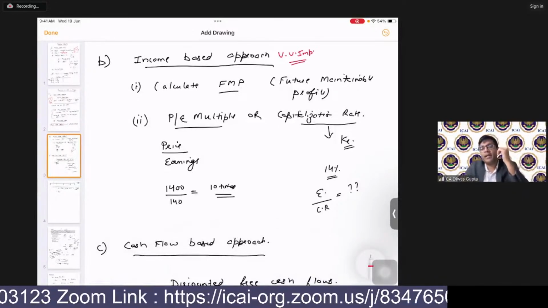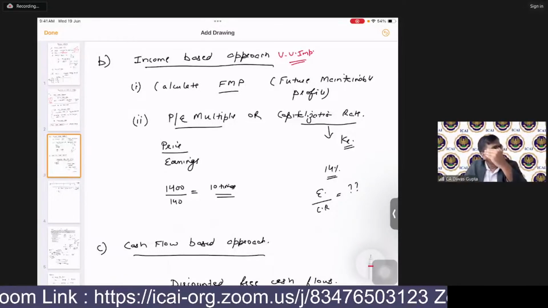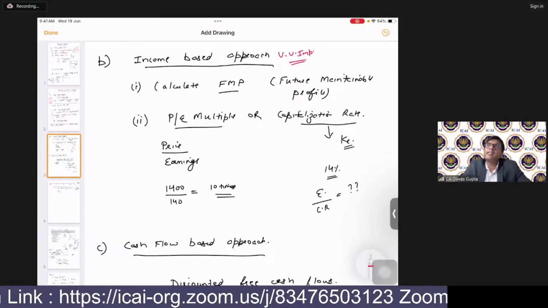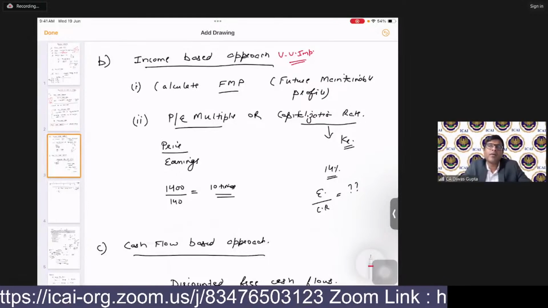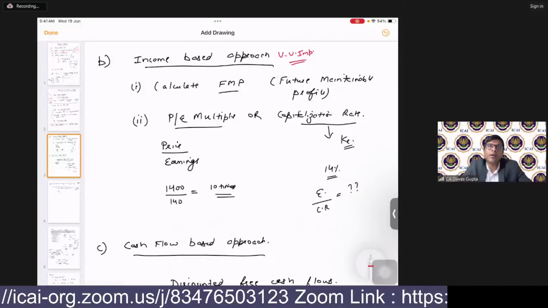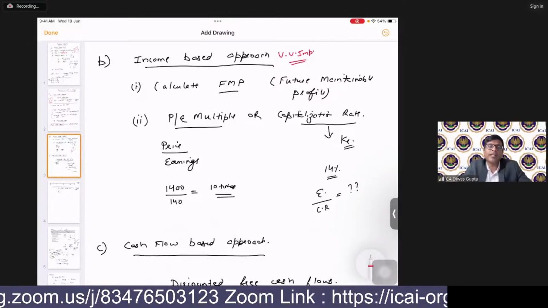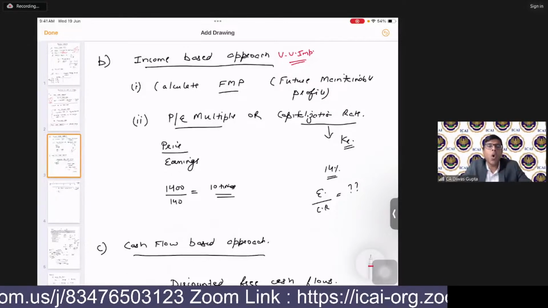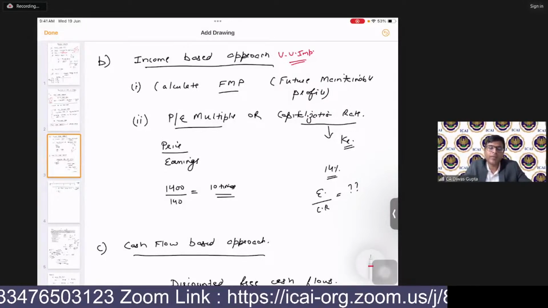This we have seen in practical life. So I can tell you, if you see Ind AS 36, Impairment of Assets, it deals with the calculation of recoverable amount. Now, recoverable amount is value in use or fair value less cost to sell, right?